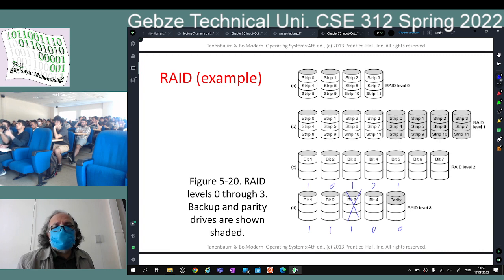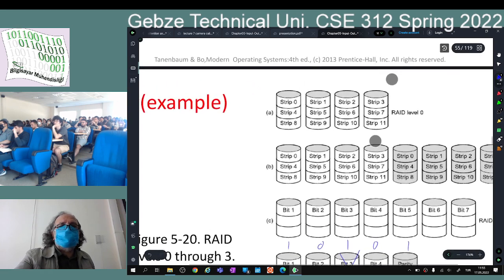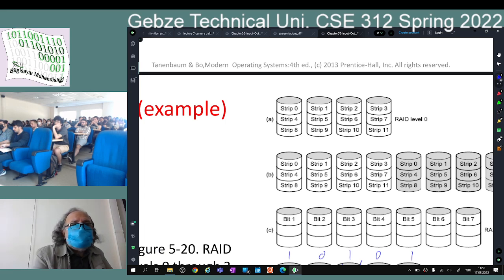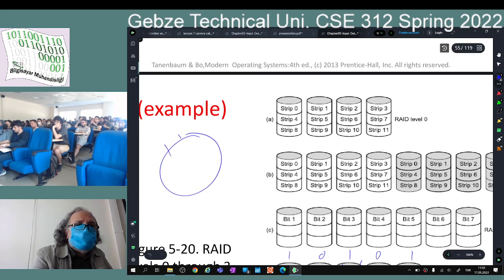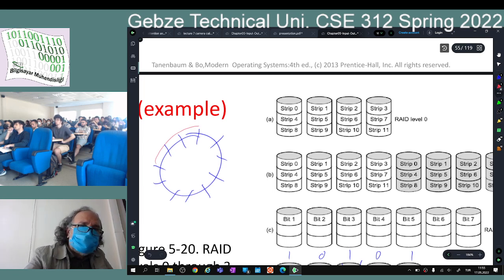Instead of dividing our data bit by bit, we divide them strip by strip. A strip means a collection of sectors. Let's say given a track, we have many sectors, right? So we say this is strip number 0, strip number 1, strip number 2, and strip number 3.